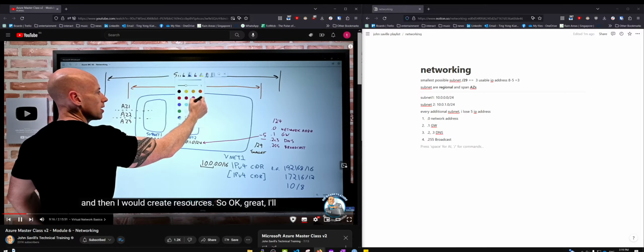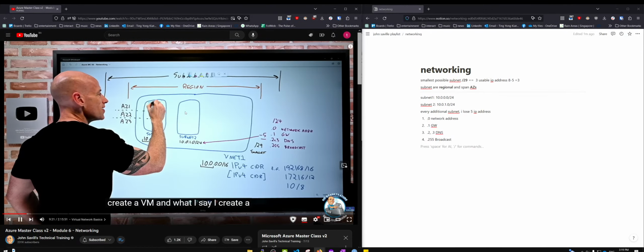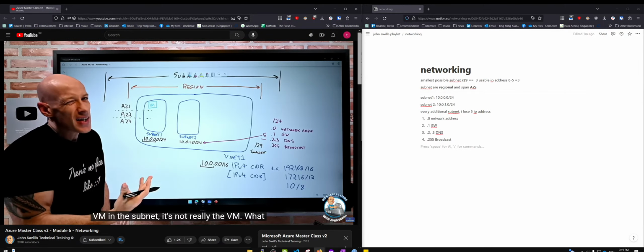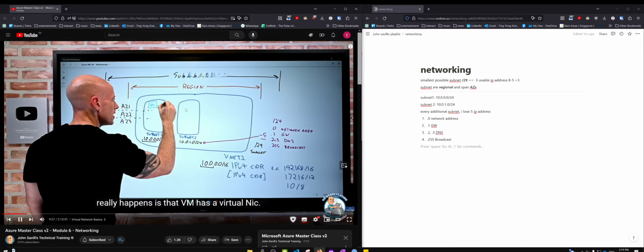So, okay, great. I'll create a VM. And when I say I create a VM in the subnet, it's not really the VM. What really happens is that VM has a virtual NIC.